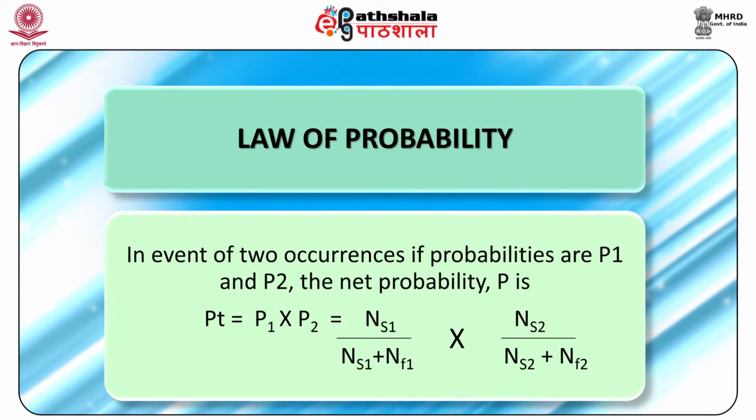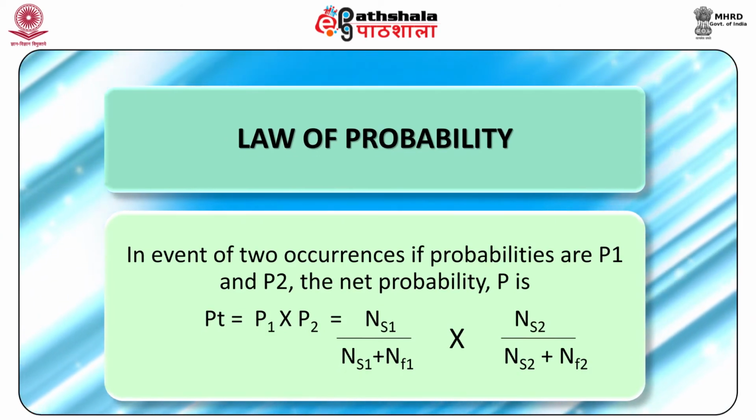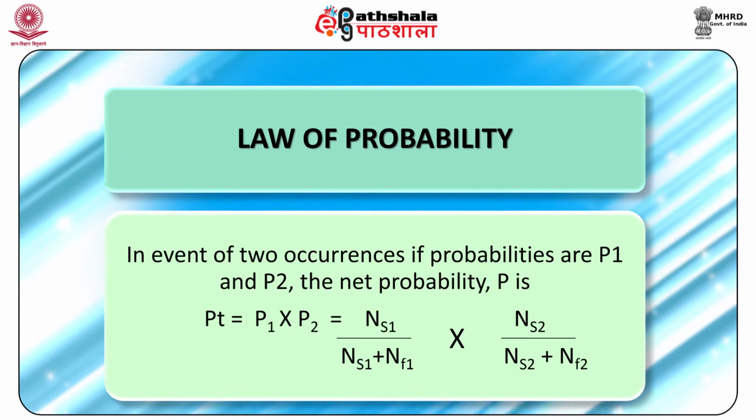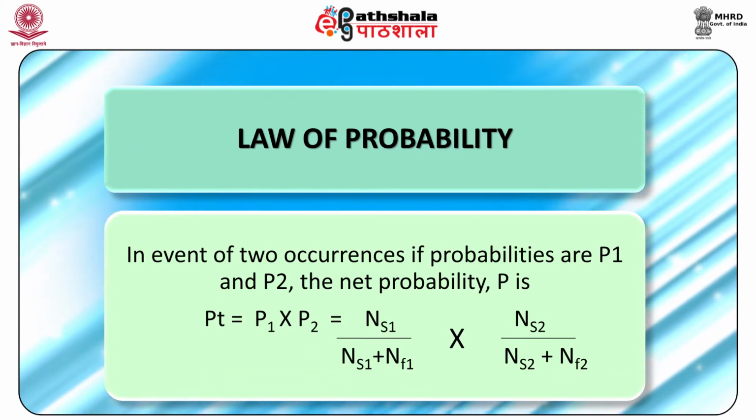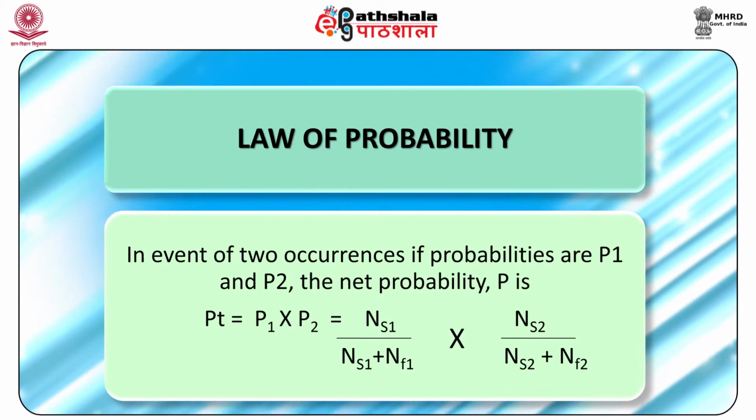If the event consists of two occurrences which can take place independently, the probability of the second occurrence is also given by the same formula.